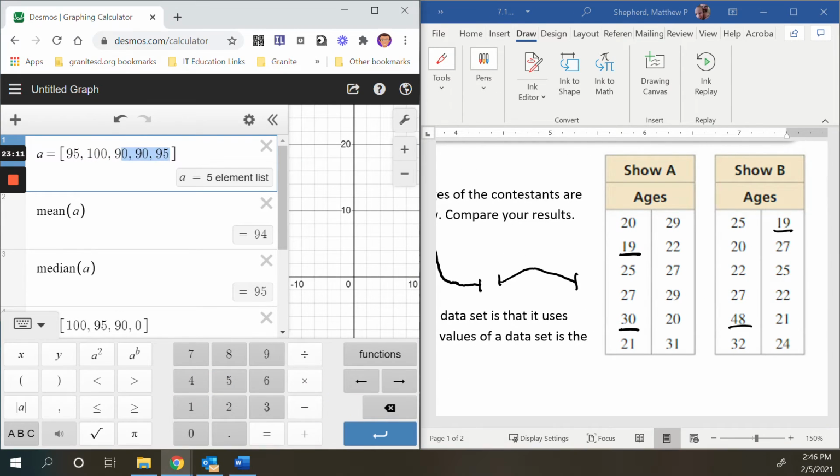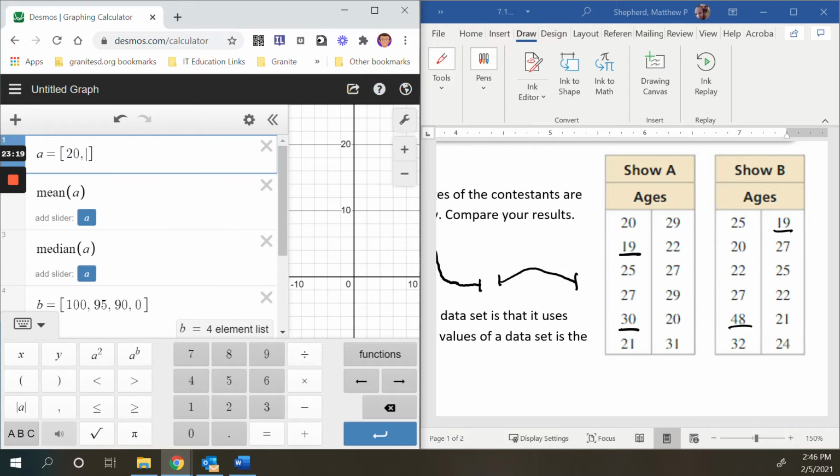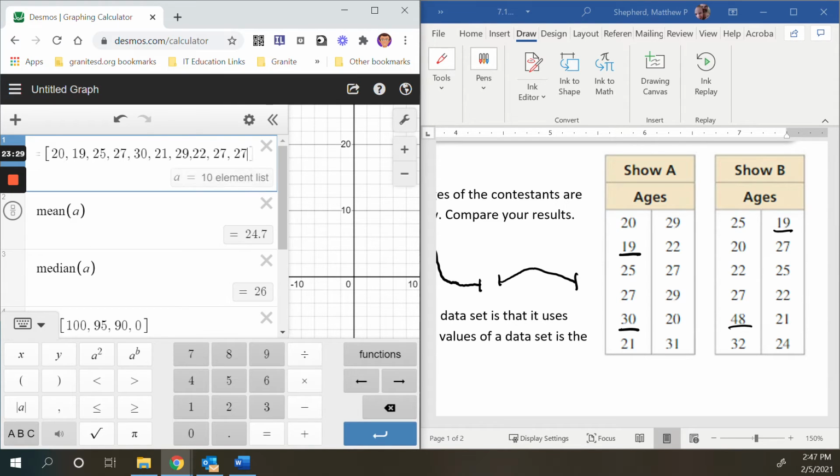Okay. So for show A, 20, oops, 27, that should be 29, 20, 31, 12 element list, that looks good.